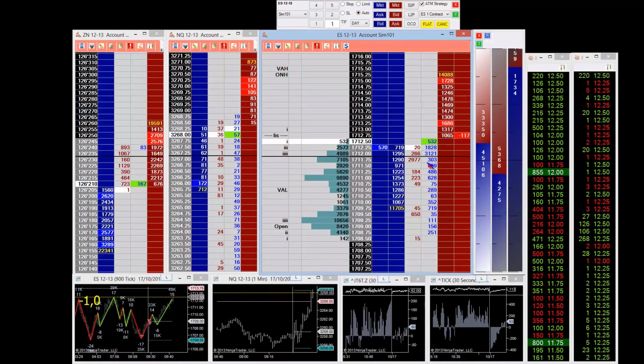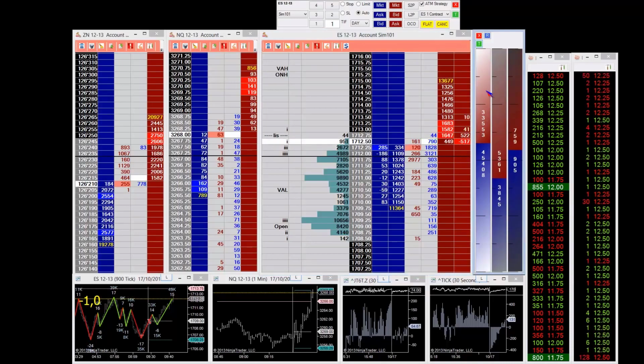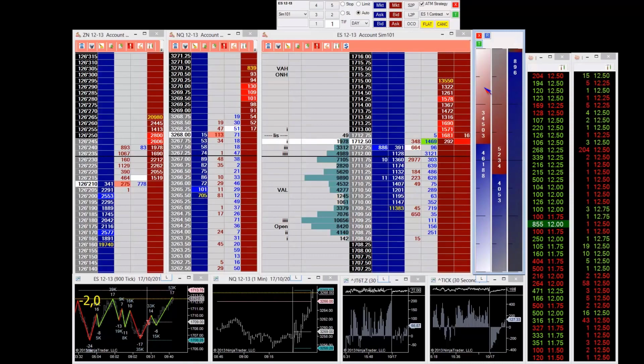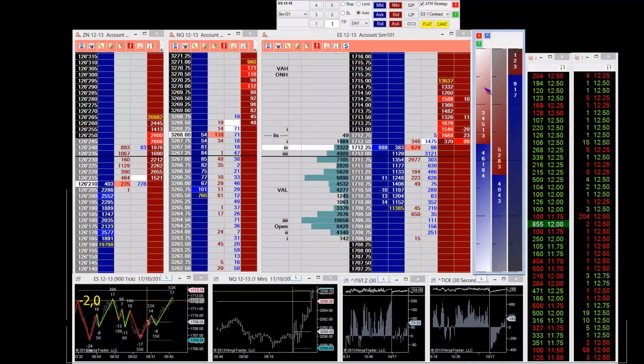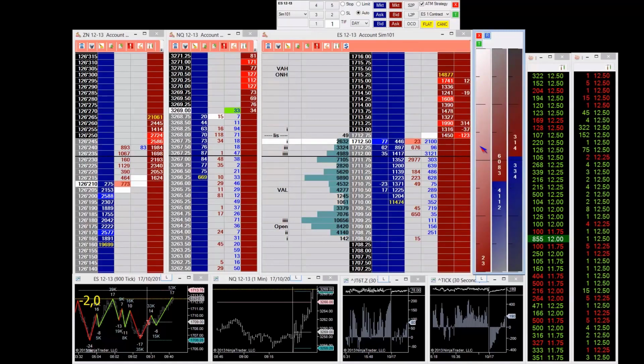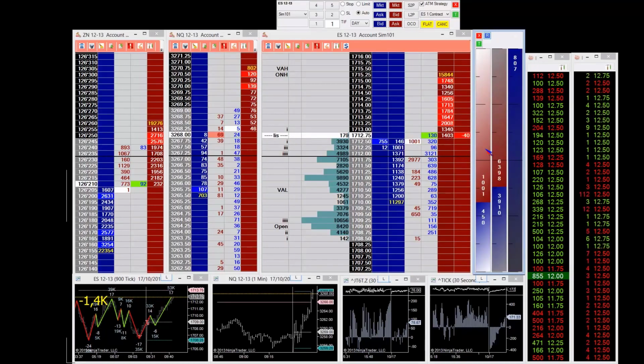Another way to look at that is this window to the right, where we've got 3 red and blue windows we call strength meters. Now let me just reset the strength meter. What that shows us is also the market buys against the market sells.